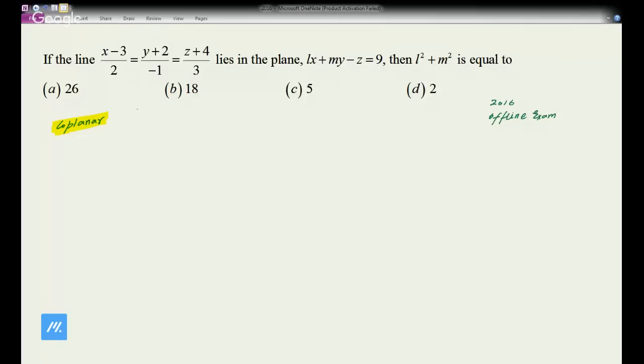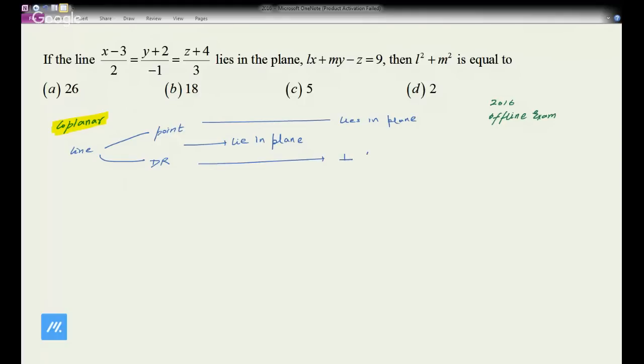Basic stuff. So if this line lies in this plane, that means the line has two components. One is a point and the other is the dr. So for the line to lie in the plane, if I have to tell you the concept, the point lies in the plane and the drs are perpendicular to the normal of the plane.